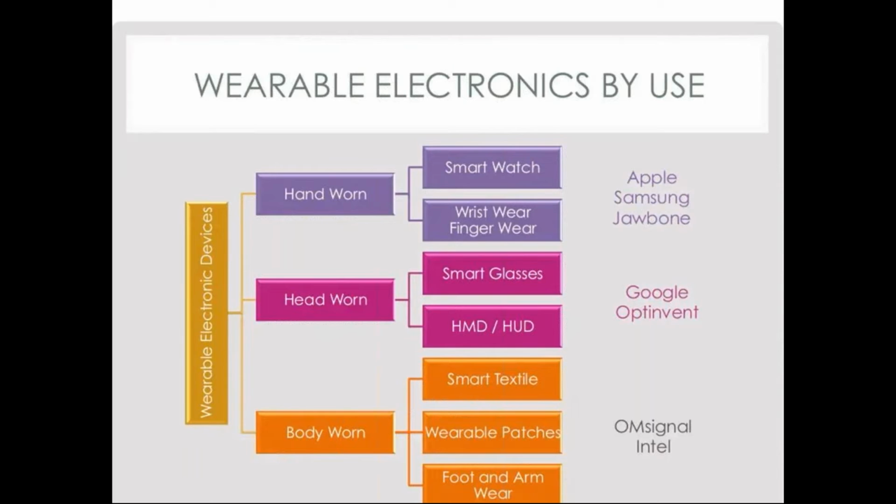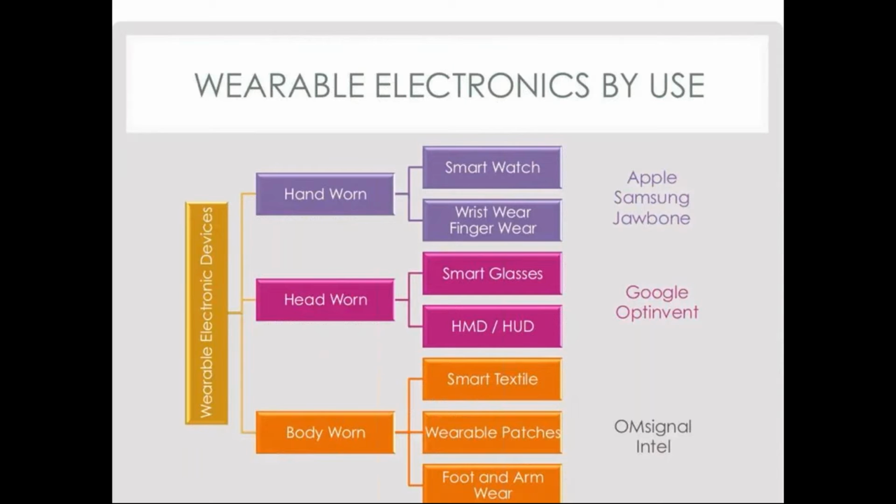Last but not the least, body worn, and here we have lots and lots of variety. I was not able to put that much variety into the slide. So in short, there is smart textile. By textile, I have incorporated everything. There are smart shirts available, and there are research papers and laboratories doing work on smart shirts, smart pants, smart socks, which means smart textile.